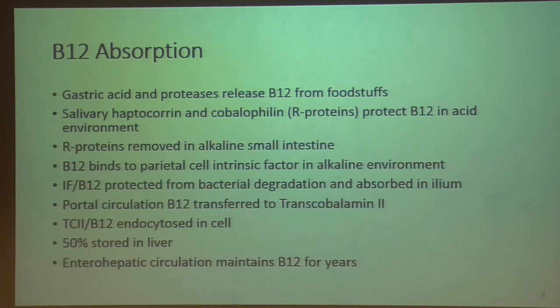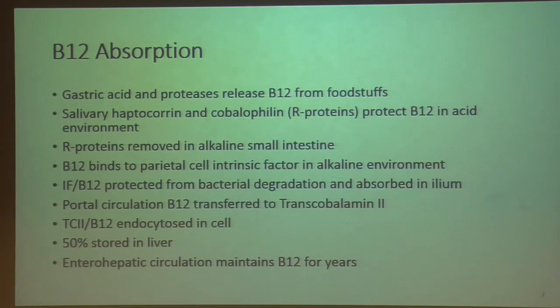The intrinsic factor-B12 complex is protected from bacterial degradation and is absorbed in the third part of the small intestine, or the ileum. Now B12 is absorbed in the ileum across that cubilin receptor, and then it's bound to transcobalamin 2, where it's endocytosed in the cell and stored in the liver.